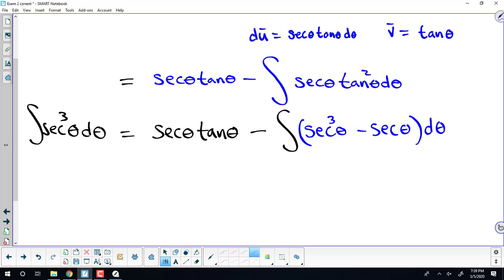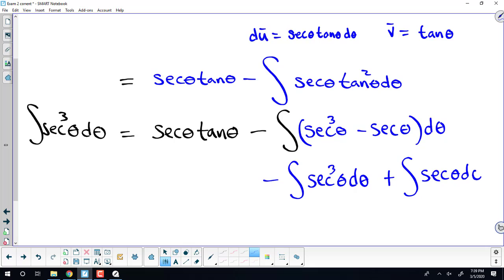This is the antiderivative of secant cubed with a minus here, and because we have the minus, the antiderivative distributes to both, plus the antiderivative of secant. We have secant theta tangent theta, and that's still equal to the integral of secant cubed.